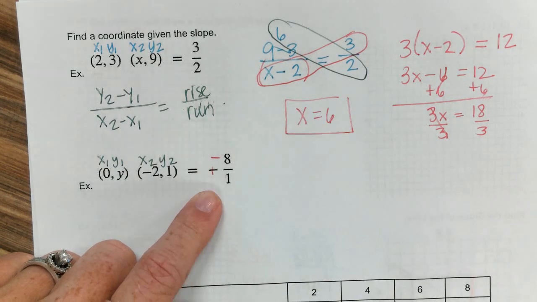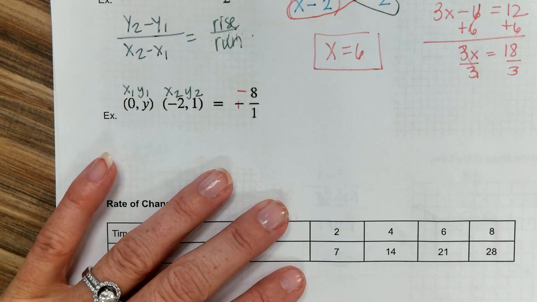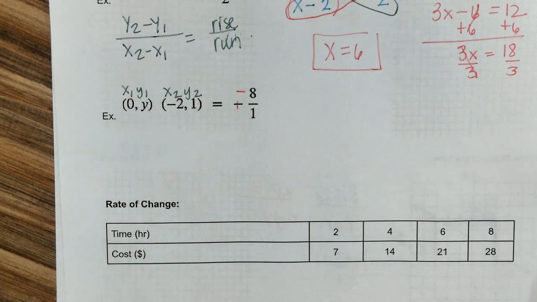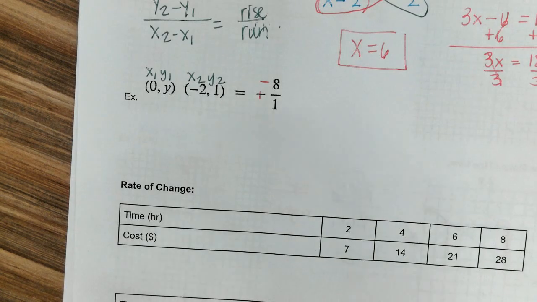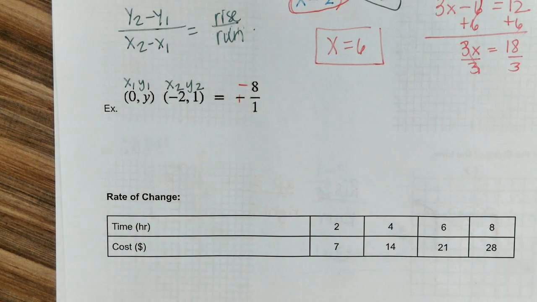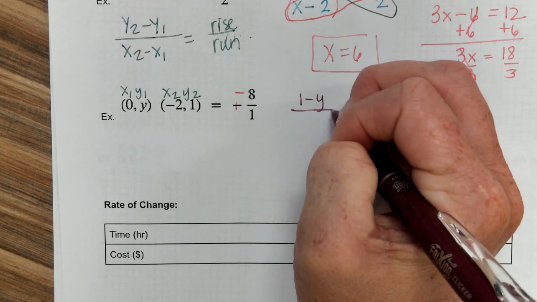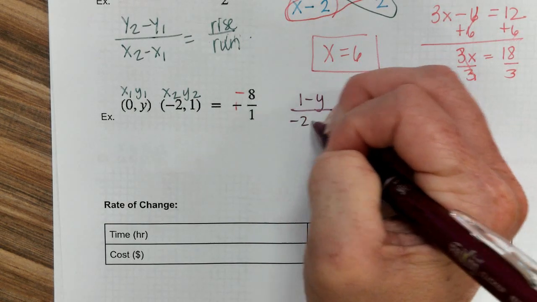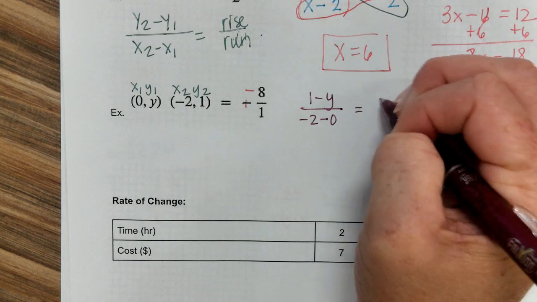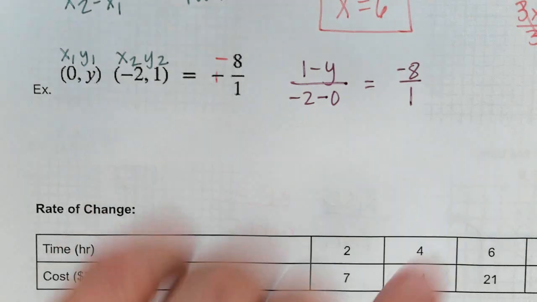So put the 8 there with the negative. I want y'all to set up the equation and then stop. Don't solve it. Set it up. So y2 minus y1 over x2 minus x1 equals negative 8 over 1. Go set it up. Check it with mine. Make sure you set it up correctly.